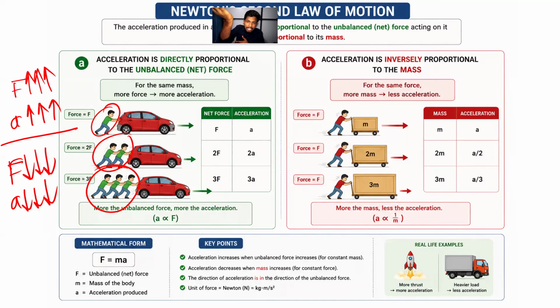If studying increases, marks also increase. If the studying time decreases, the marks also decrease. Both of them will be decreasing, both of them will be increasing. Directly proportional. So you may have got the idea. Acceleration is directly proportional to force. First thing, A part. Now B part.